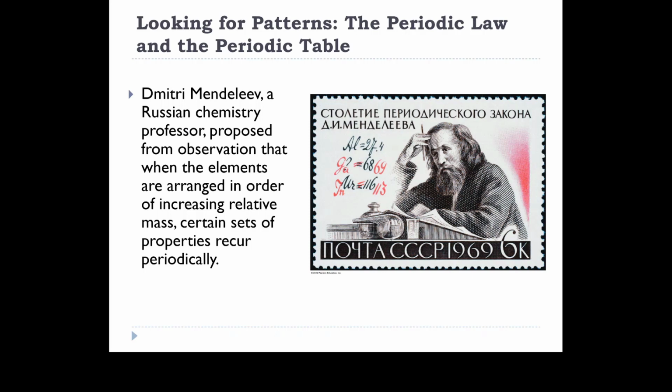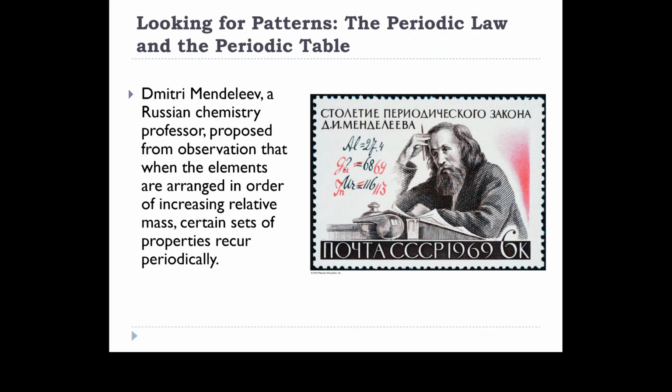And then anytime he came across two chemicals that had the same kind of properties, he would put them in a column with each other, right? So it was like, hey, this thing, when I put it in water, it explodes. This thing also, when I put it in water, it explodes. So I'm going to put them in the same column, right? And that is the basis of our periodic table, right?